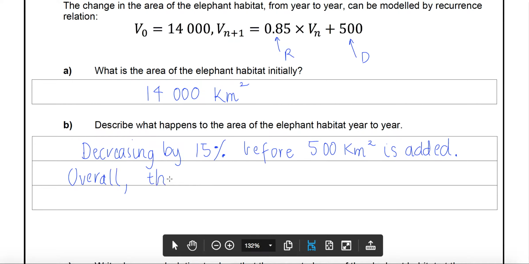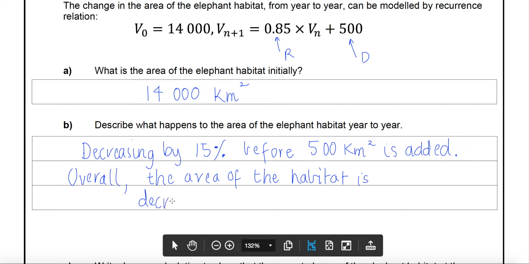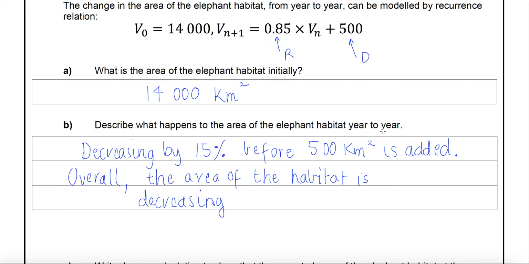And what you should find is that it's decreasing. And that's really what we'd like to see with this sort of question, describing what is happening mathematically in the sequence, but also overall what is happening to the area of the elephant habitat.